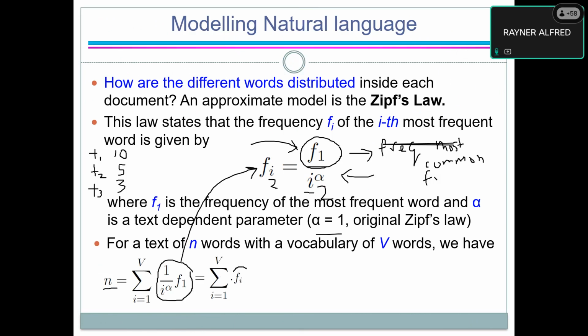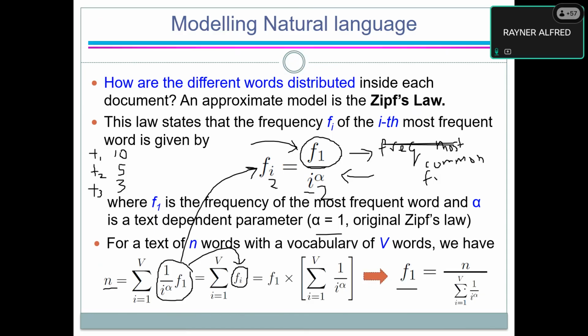So we can replace this with this one, and then we take out the f1 times this. Finally we can compute f1 based on this, because f1 is constant, right? So f1 can be computed, and then the rest of them can be automatically computed based on what you have here. Okay.